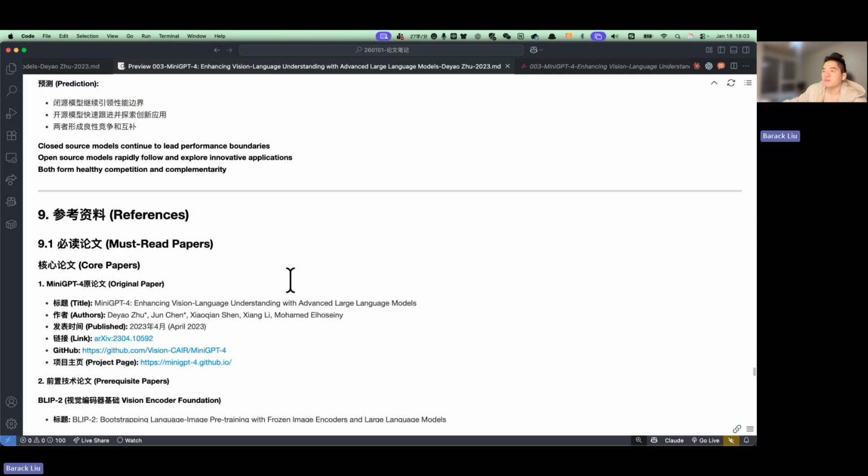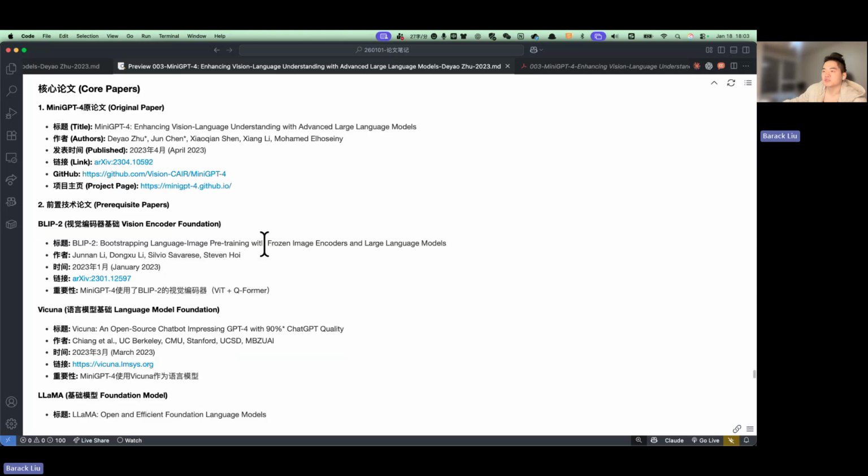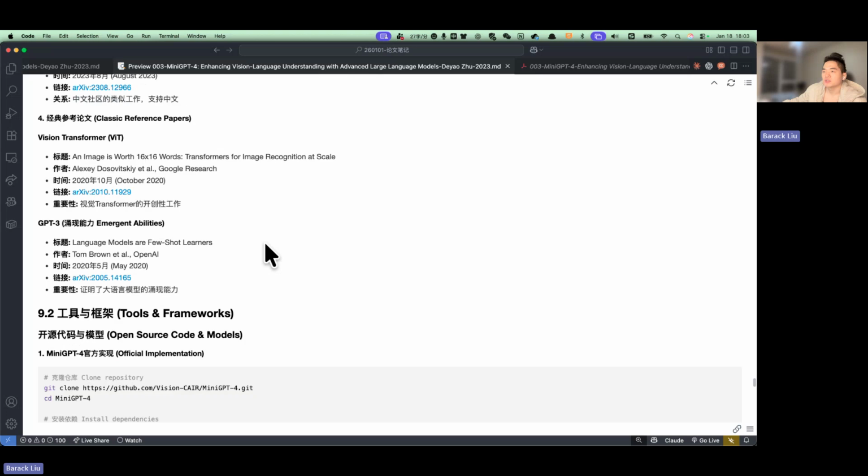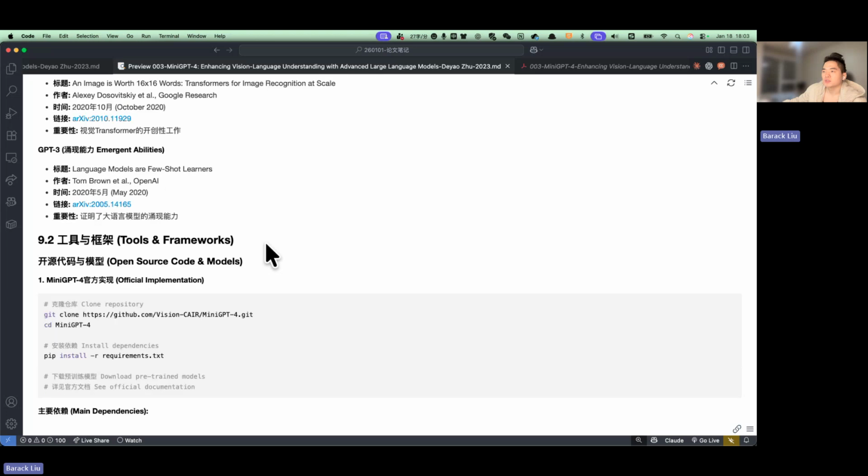And there are so many papers related to it. Tools and frameworks, some open source code and models.